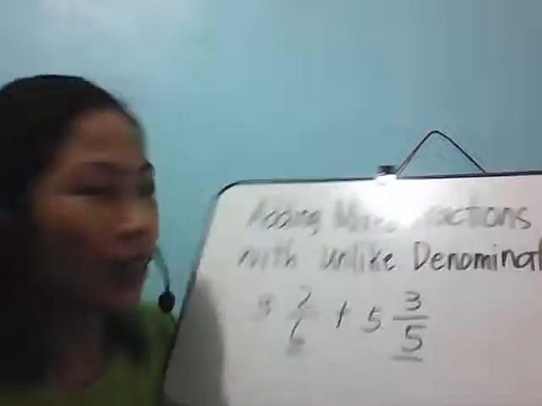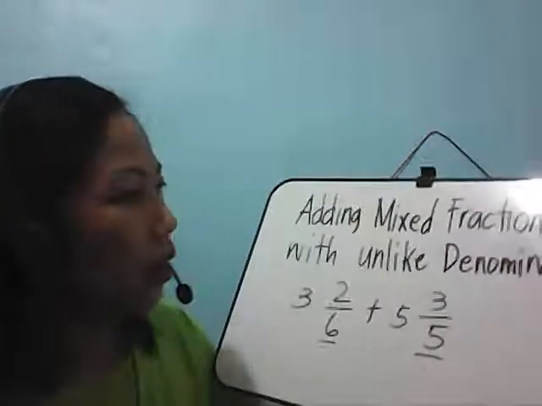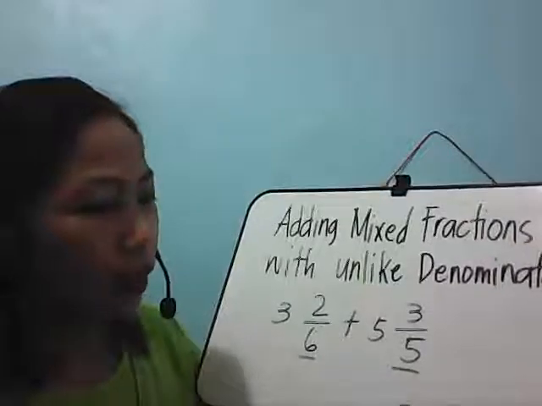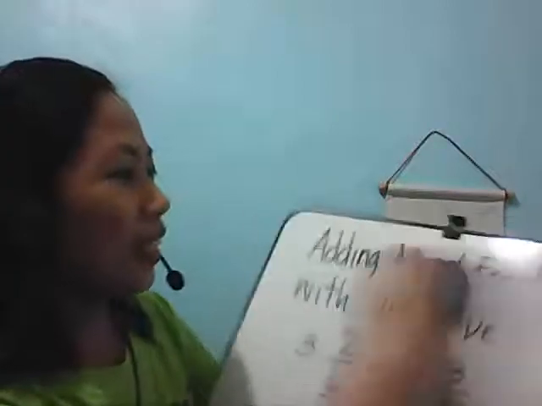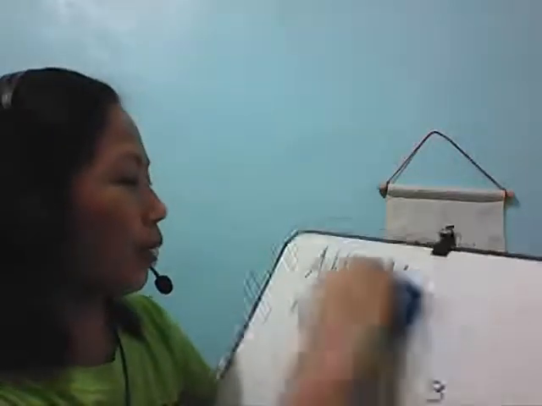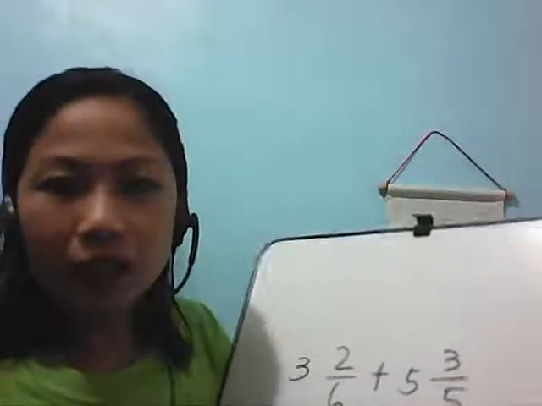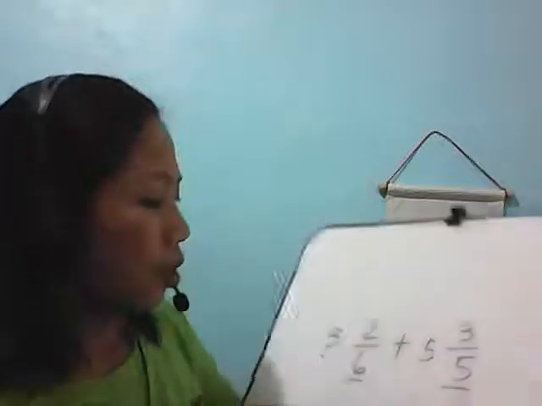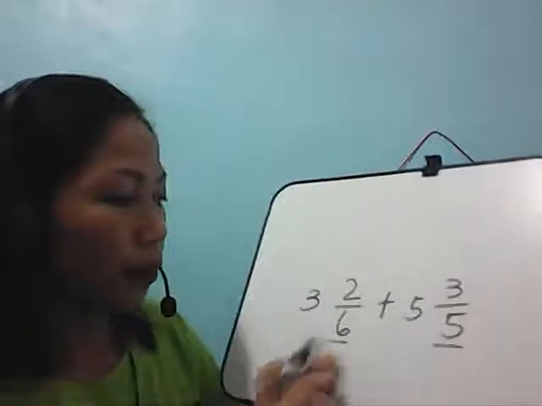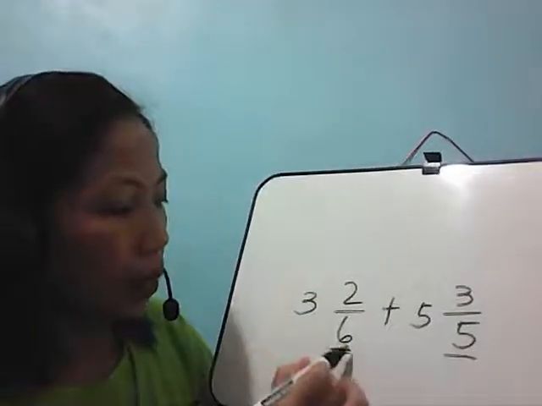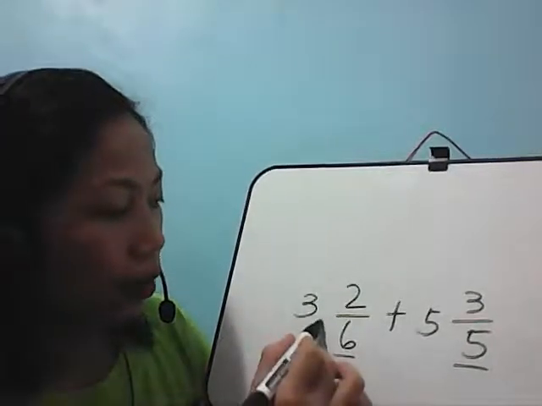Okay? So, shall we start? Let's add. How are we going to add? Since our whiteboard is small, let us erase this one. So the first thing to do is let us multiply the denominator by the whole number.